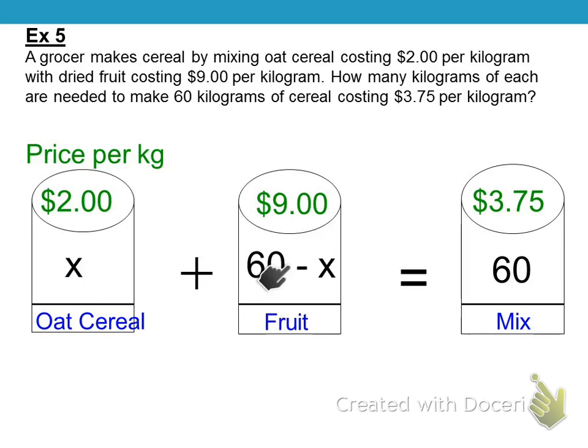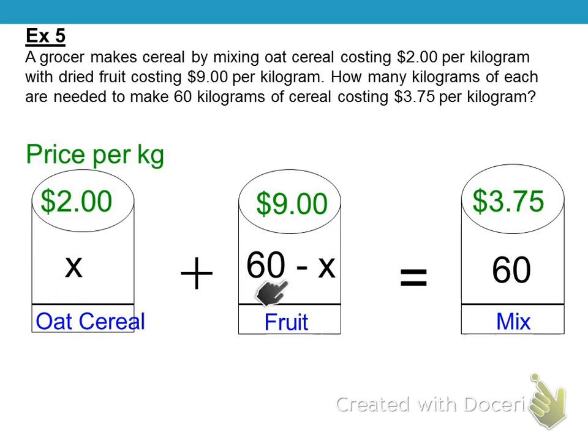So pick one of them and call it X. In my example, I called the oat cereal X. So let's say this was 10. Well, what would this be if they add to 60? 60 minus 10, which would be 50, right? If this was 20, this one would be 40. If this was 30, this one would be 30. So the way to set that up is the total, 60, take away whatever part ends up over here.